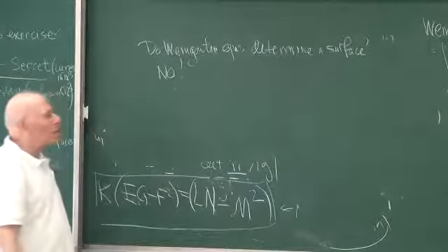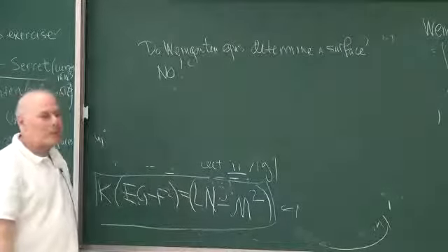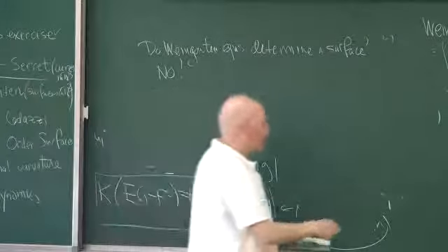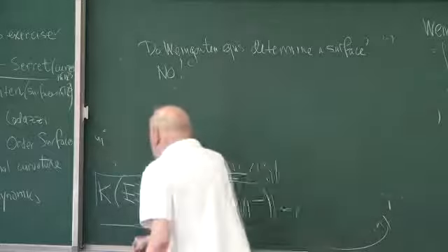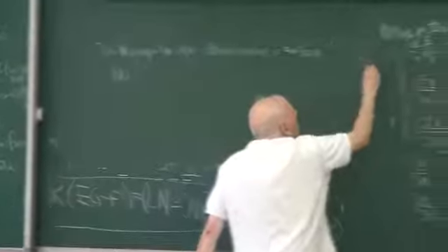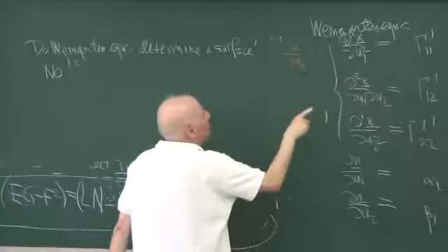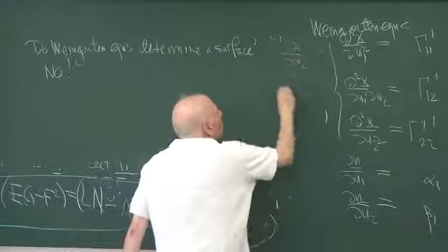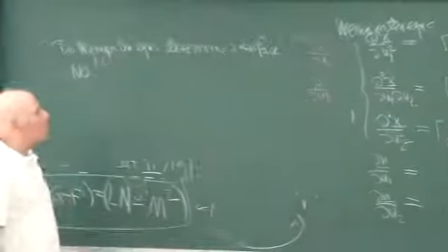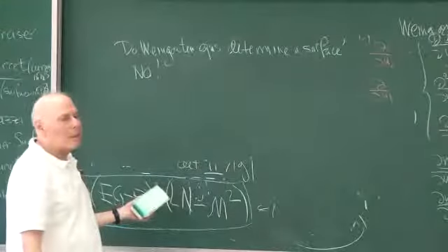And why is it no? For a very simple reason. Because if I take, let's get some colored chalk, what happens if I take the second derivative, d d2, of this one, and d d1 of this one? You admit the left-hand sides are now equal?